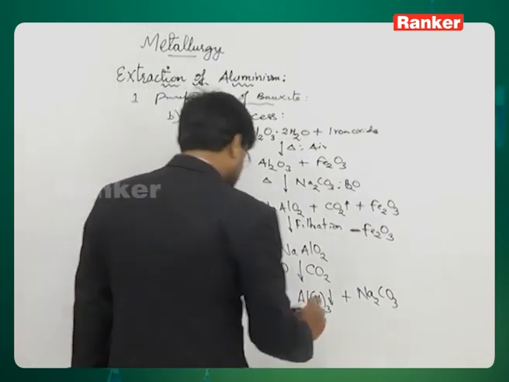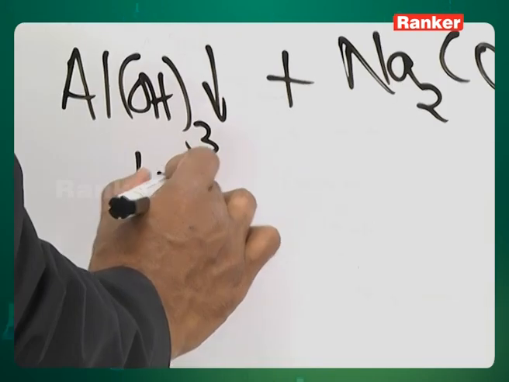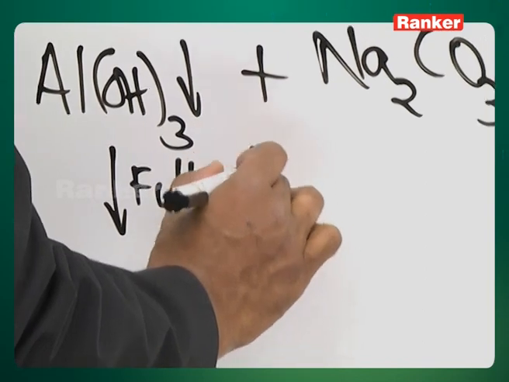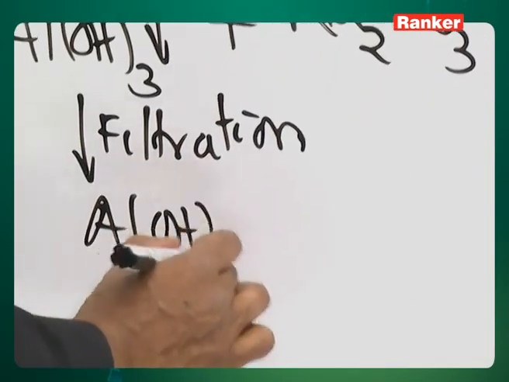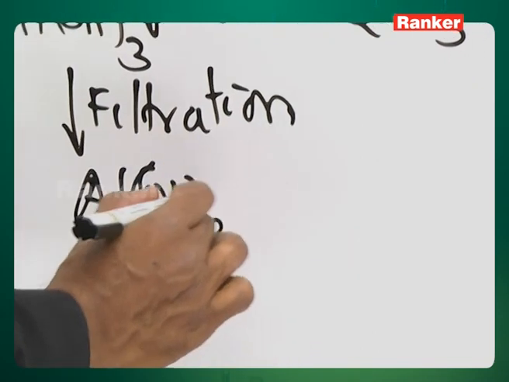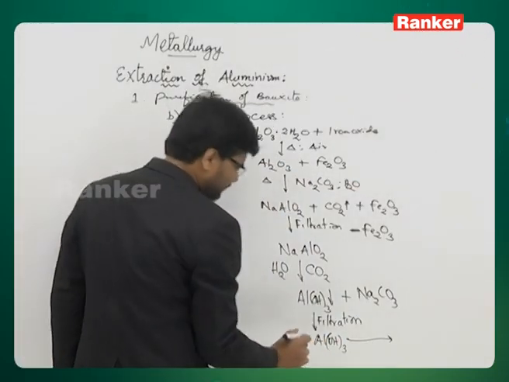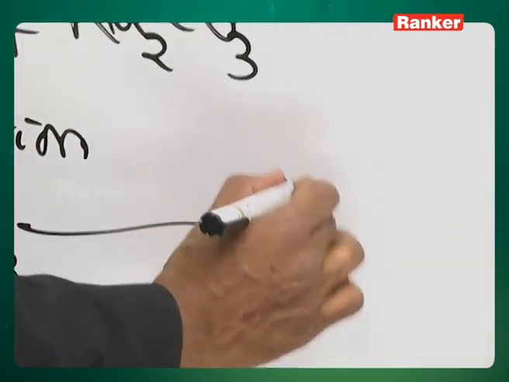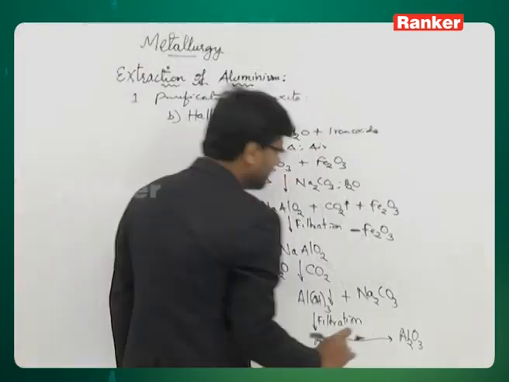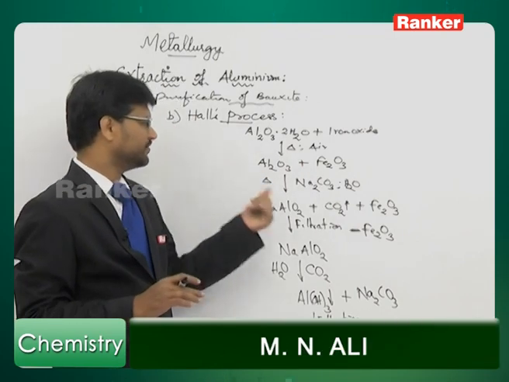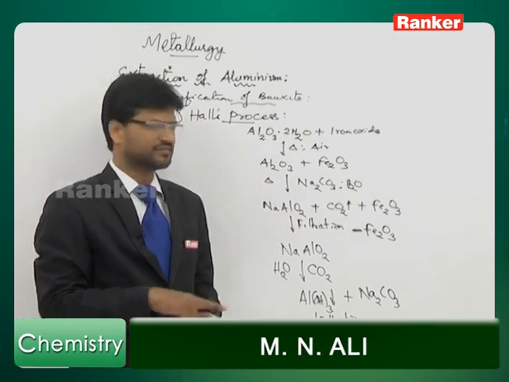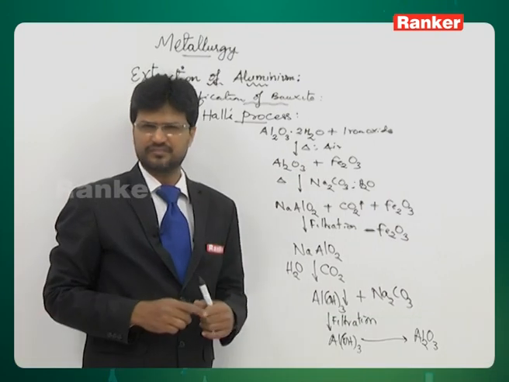Again you do filtration. On filtration you get aluminium hydroxide solid. This is subjected to ignition to get Al2O3. So this method is quite similar to Bayer's technique, the only difference is the use of sodium carbonate instead of sodium hydroxide. Rest of the things are all similar.